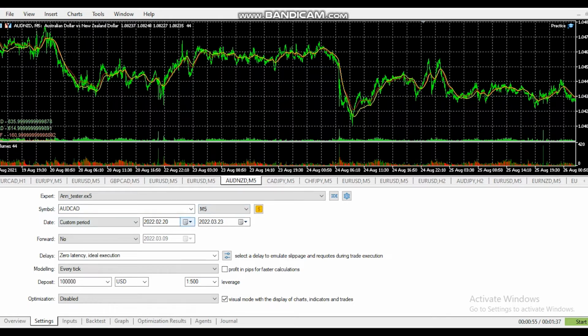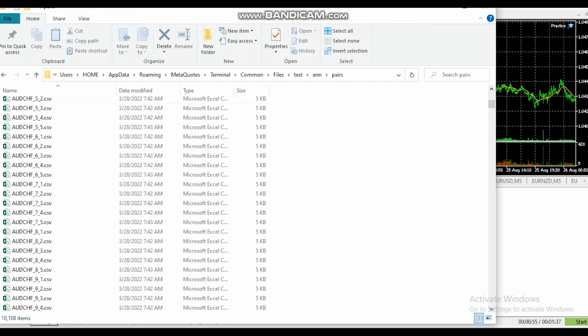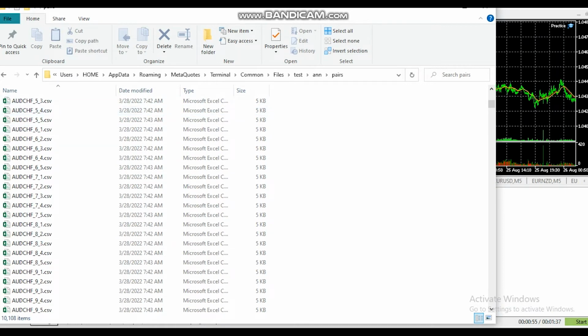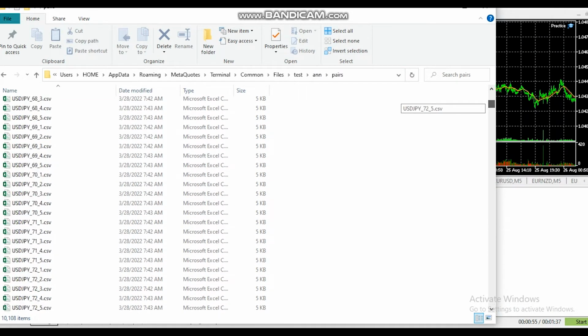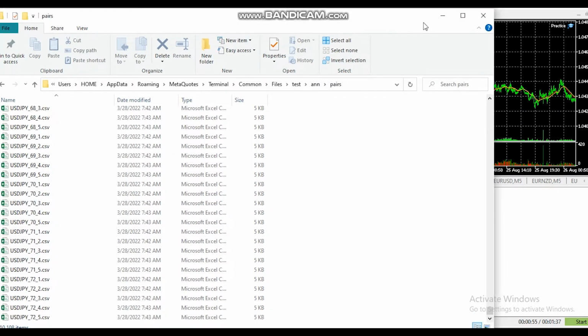So yes, what happens is ANN tester will plot points every 5 minutes in the form of CSV files. So when I come in here, it appears. So for each one of the 28 major currency pairs, it plots points every 5 minutes.